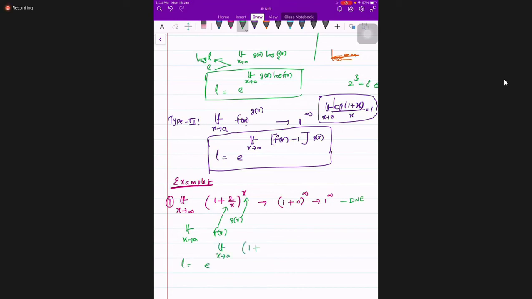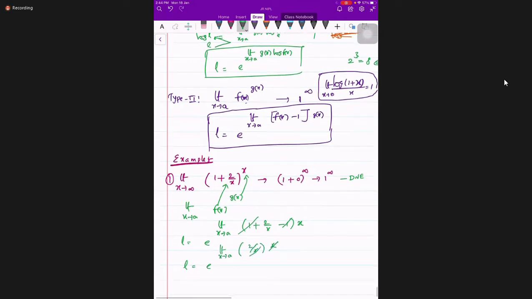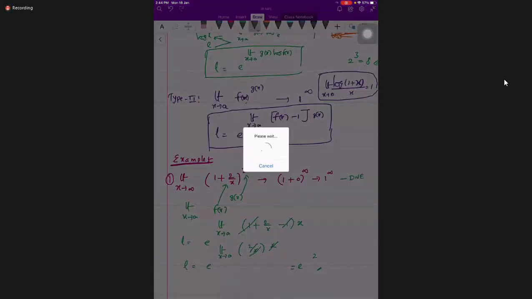What is f of x over here? 1 plus 2 by x, minus 1, into g of x. Both get cancelled. Then the limit is x tends to a, 2 by x into x, and x cancels. There is only 2. So the limit of this function is e power 2, that is e square.